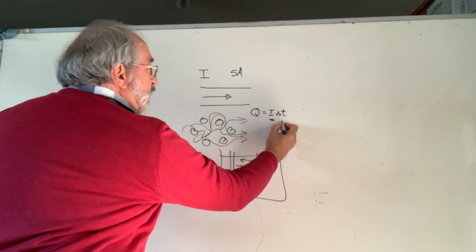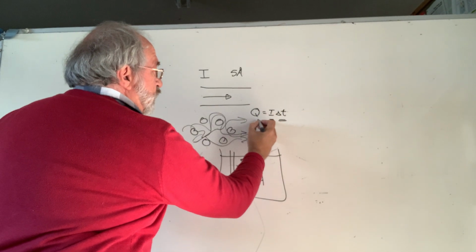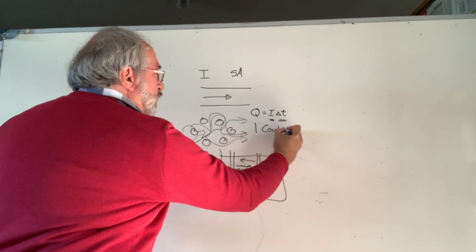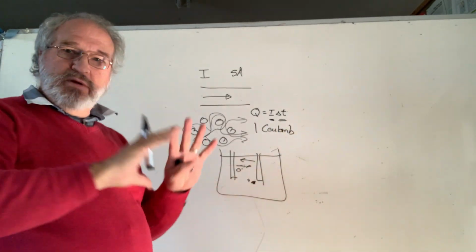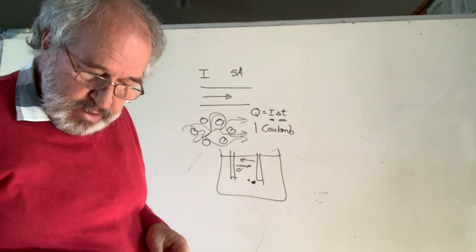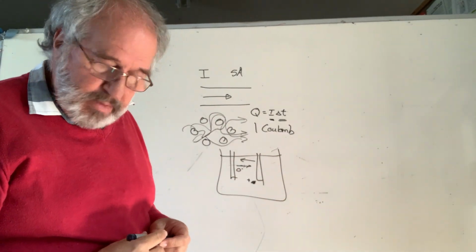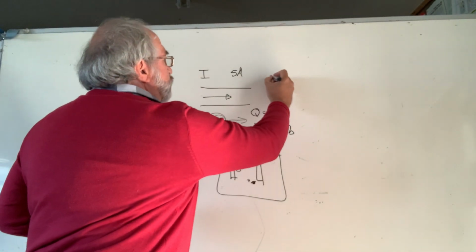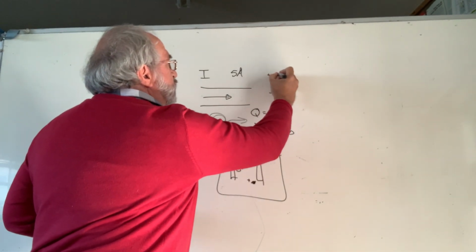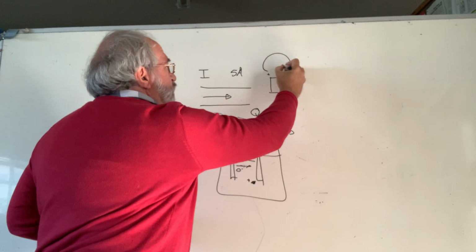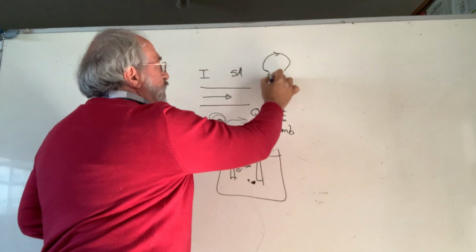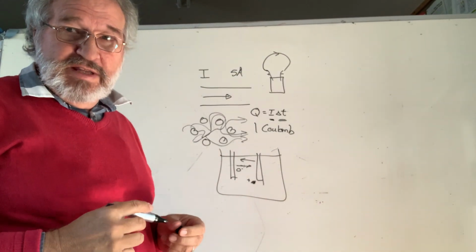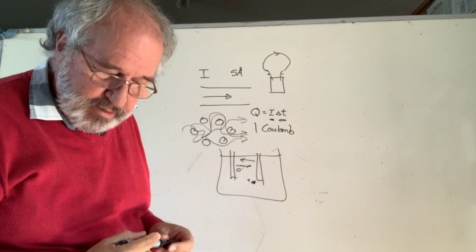As 1 ampère vir 1 sekonde vloei, dan het 1 coulomb lading gevloei. 'n Coulomb is maar net 'n groot klomp elektrone. Laaste ding daarso, konvensionele stroom, sê ons dit vloei van positief na negatief in 'n sel. Dit is nie regtig so fisies nie, maar dit is die konvensie wat ons gebruik.